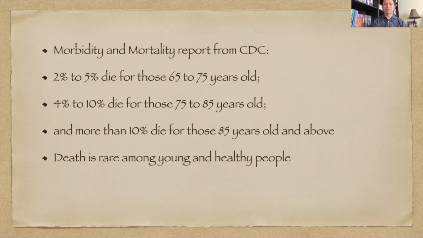Now, the death is rare among young and healthy people. Why is this? Because young and healthy people can manage to recover because they're healthy and their immune system is good. Now, how can we boost our immune system? Through good, clean, healthy diet, exercise, and sleep at least 6 to 8 hours a day.